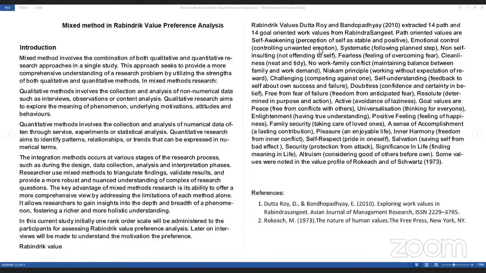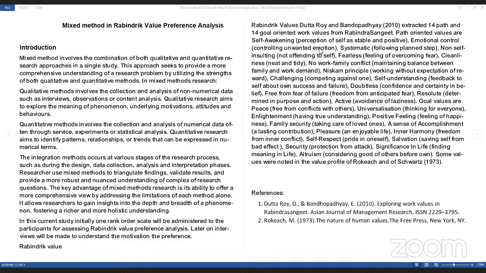Resolute, it means determined in purpose and action. Active means avoidance of laziness. So there are two types of values. One is the path oriented, another one is the goal oriented.